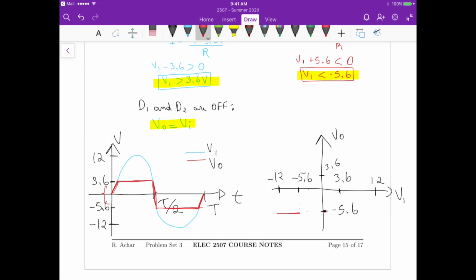If the voltage is greater than 3.6, it stays at 3.6. And in between is just the same value as the input. So it should cross the origin here. That's the plot that we get for this analysis.